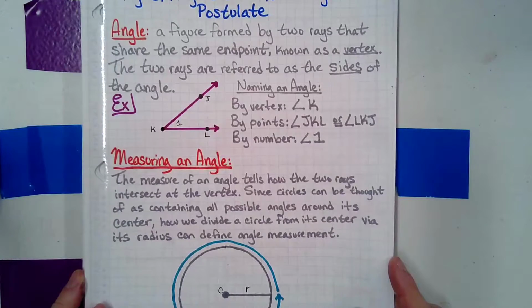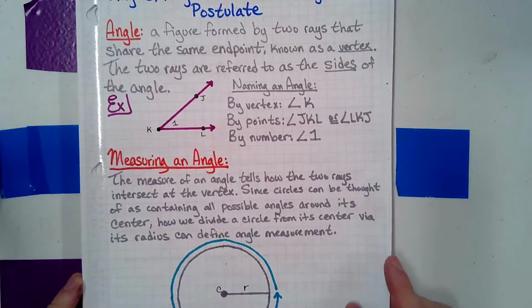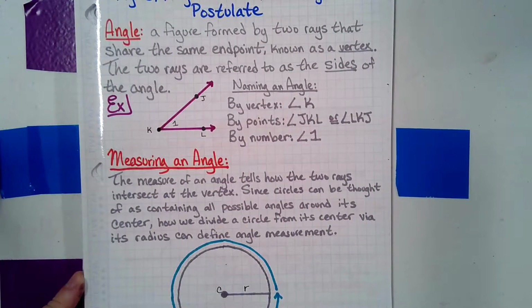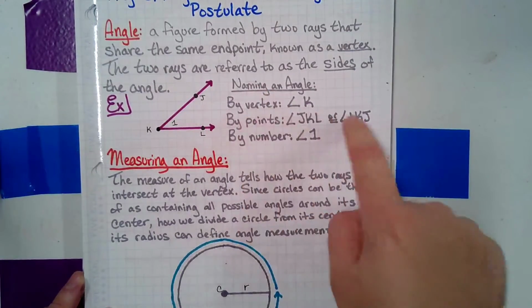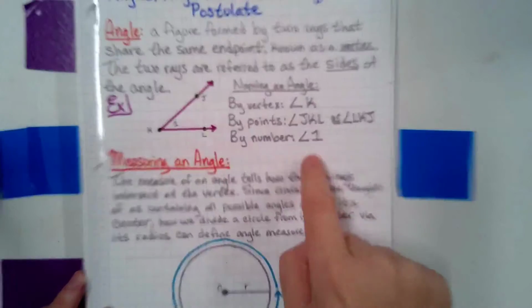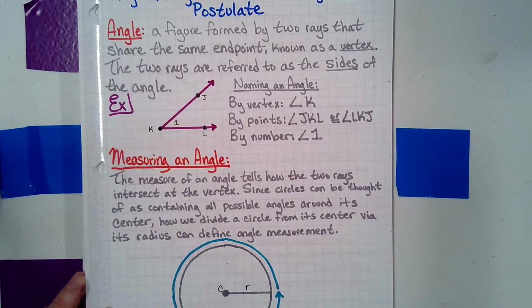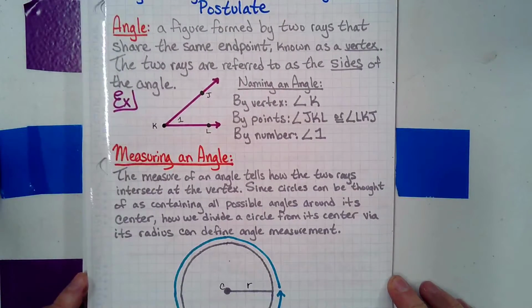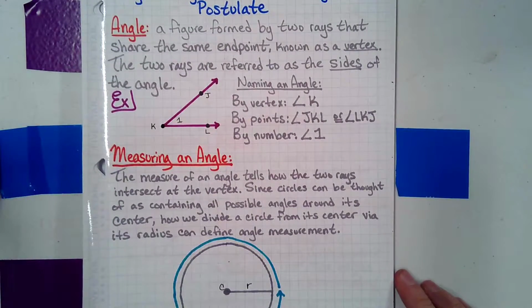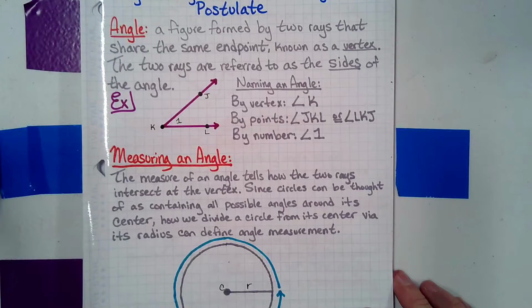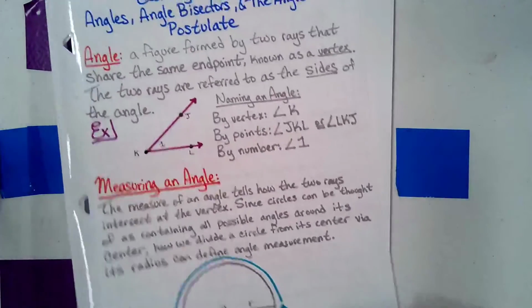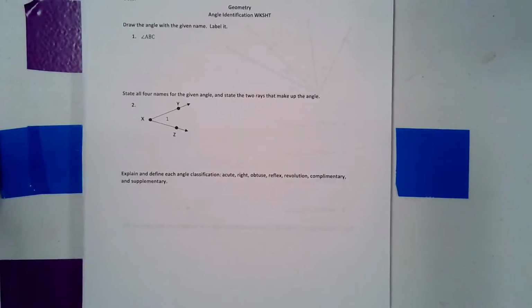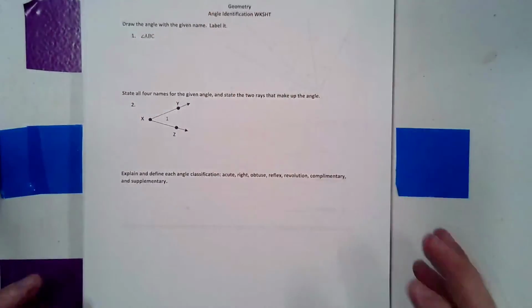Ta-da! 4 different ways to name it. There's an or there, so it's 4, not 3. Right? Remember, your angle is XYZ, not JKL, so just literally copy down the notes. That's it, guys.